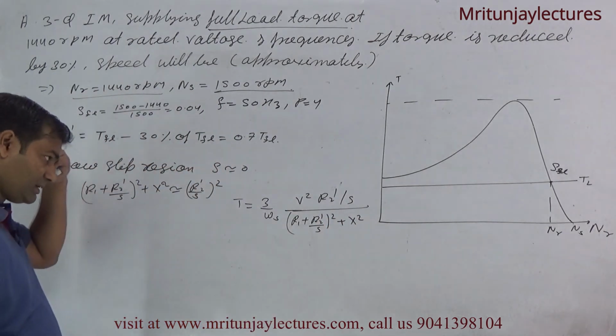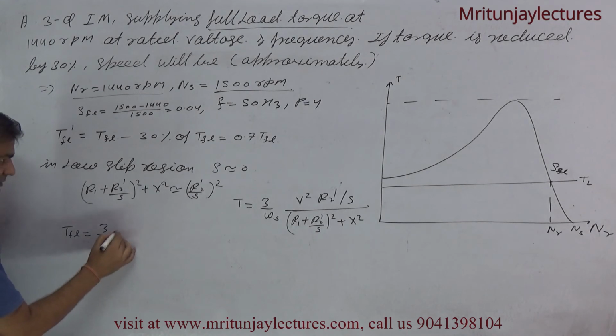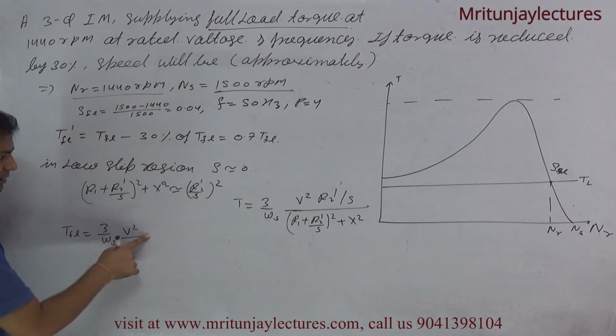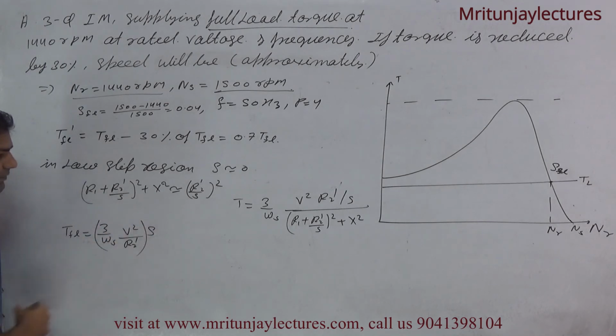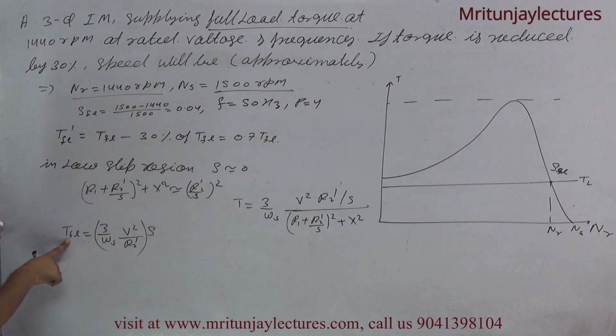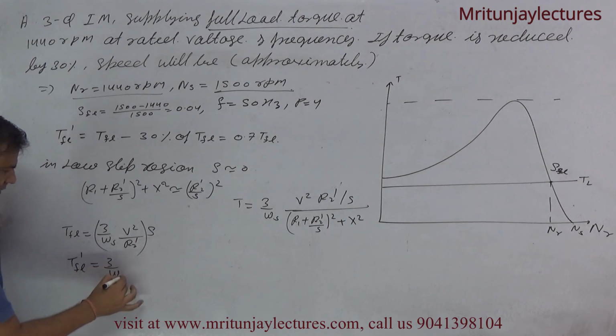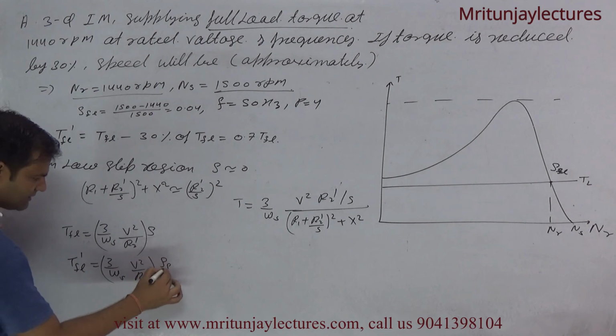Now the electromagnetic torque formula is 3 divided by omega s, V square into R2 dash by s, divided by (R1 plus R2 dash) whole square plus X square. Now T full load at low slip region is 3 divided by omega s, V square divided by R2 into s. So you can say torque is proportional to slip. Clear?